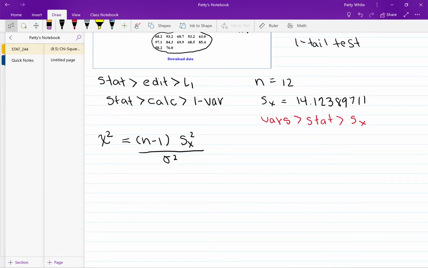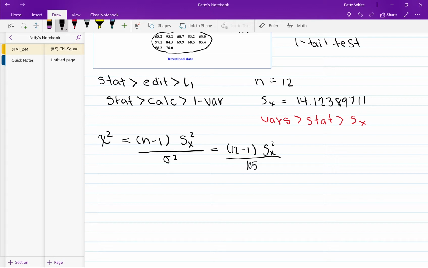We have all this information, so let's go ahead and figure out what our value is. So n is 12, so I have 12 minus 1 times, and then in my calculator, I'm just going to go var statistics SX, so that way I don't have to type in this long decimal. You could type in the long decimal if you want. Just make sure you include lots of decimal places so you don't have a rounding error. And then I'm going to put that over 105.